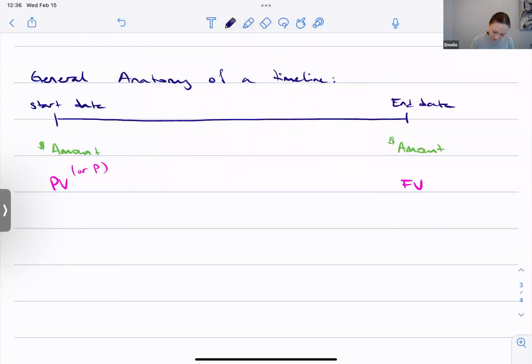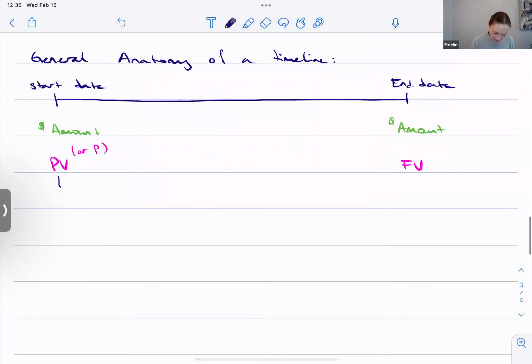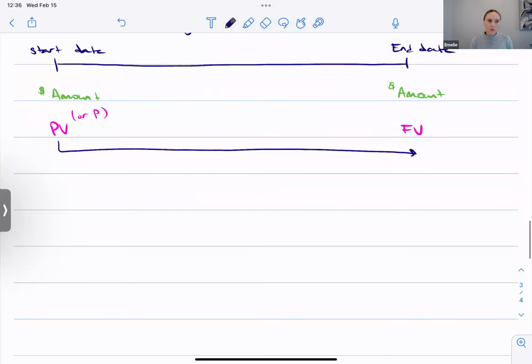And what we do is we draw an arrow to show that, okay, I invested some present value, so some principal amount, and now I want to solve for the future value, or I have some future value. How much is that worth today?